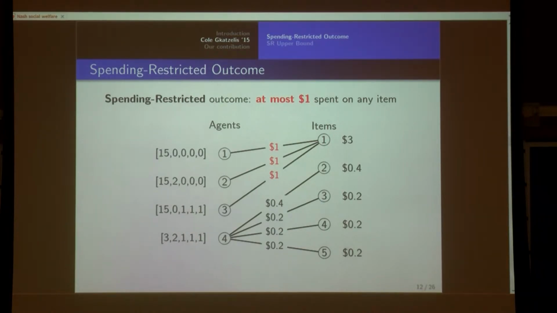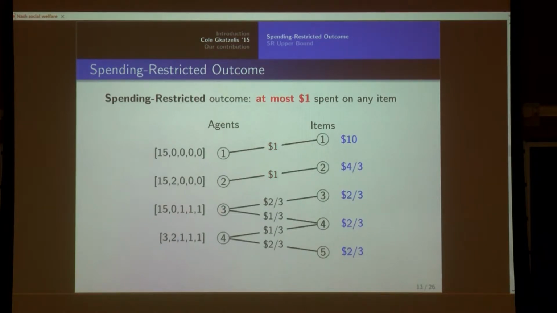So it's violating the spending restriction, and this is the outcome for this instance. Here the prices can be more than 1, but the spend cannot be more than 1. So if the price is less than 1, then the spend will be equal to the price. That's what it means to clear the market. But if the price is greater than 1, then it's okay for the spend to be equal to 1. Okay, so that's the variant.